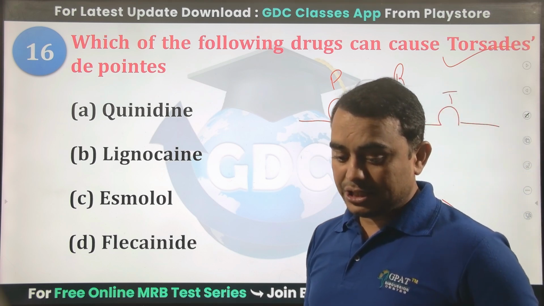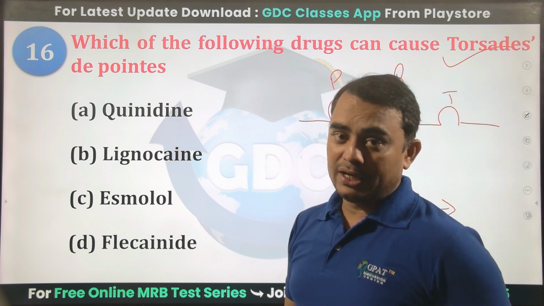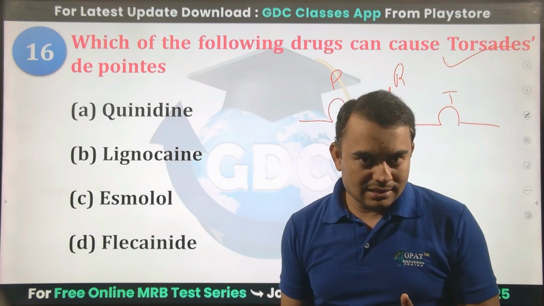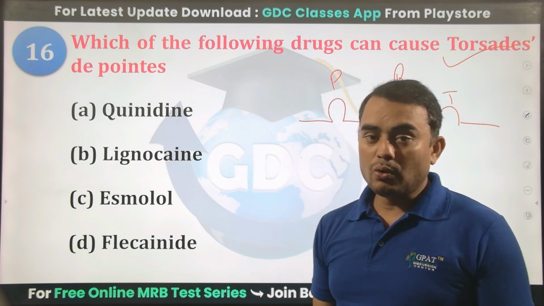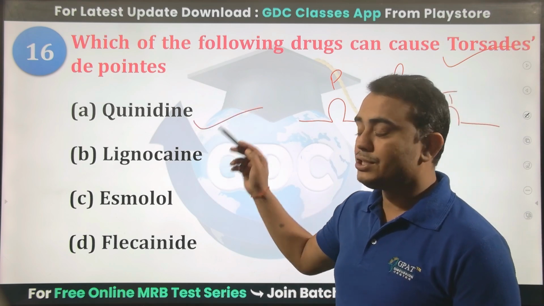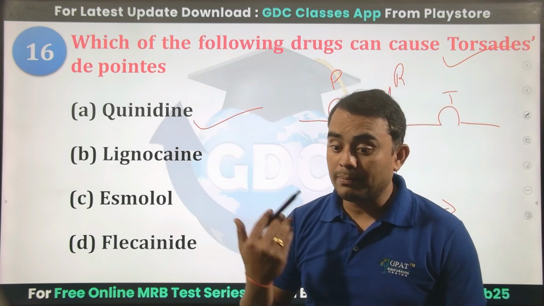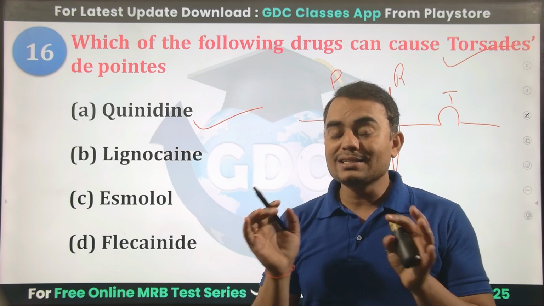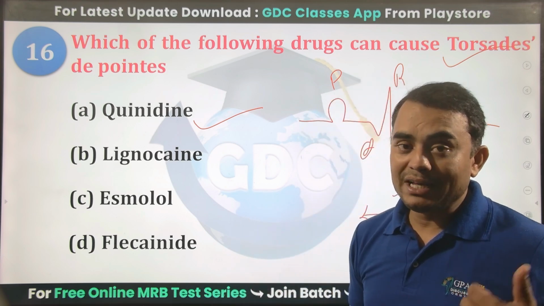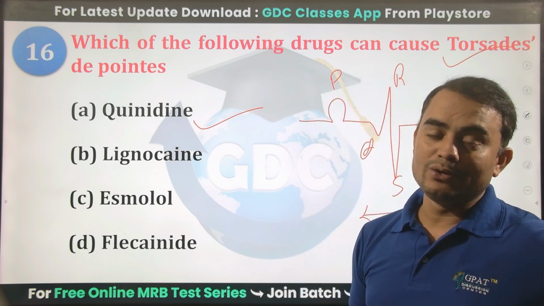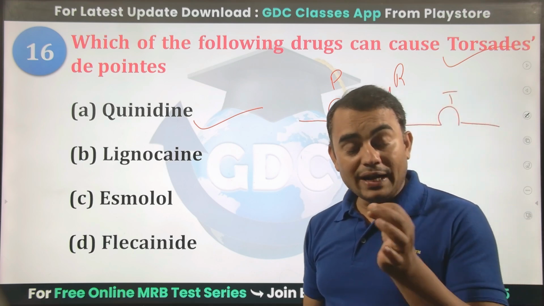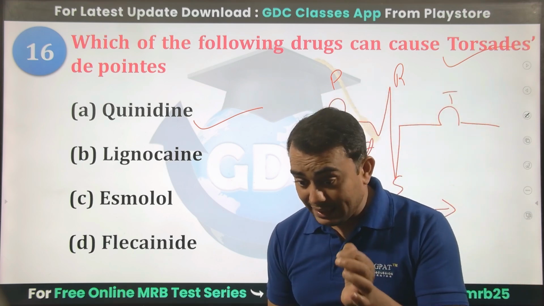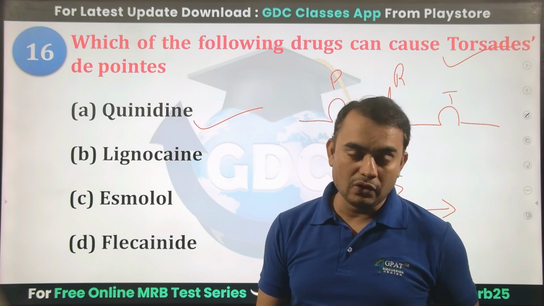Under the classification, we find that the 1A class drugs and third class drugs cause this type of situation. Here we have 1A: quinidine, procainamide, disopyramide. The second, 1B: mexiletine, lidocaine and phenytoin. The third, 1C: flecainide, propafenone.